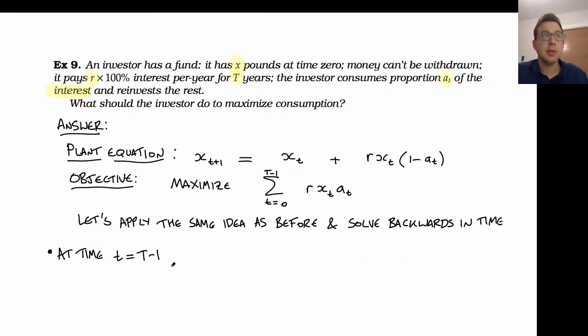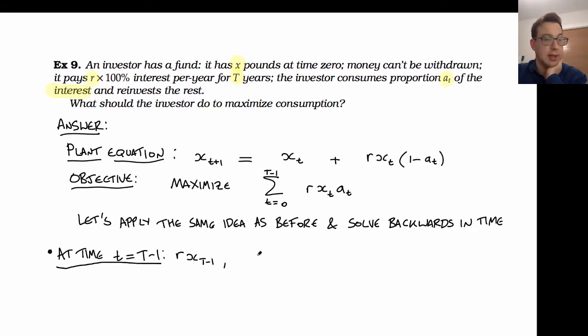Let's think about it. We've got an amount of money, x of t minus 1. We can't withdraw any money from the fund. We're going to get some interest, r of x of t minus 1, and after that I can't get any money out. So I might as well take the most that I possibly can.